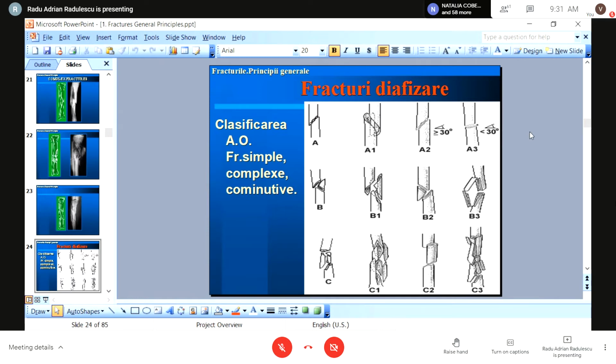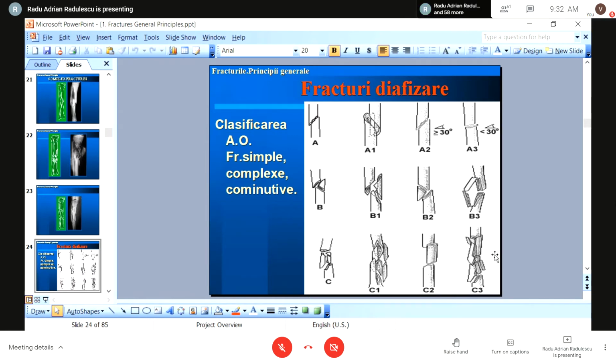For example, here, A1 is spiral, A2 is oblique, A3 is transverse. Well, also in B, we have different types depending on the aspect. In C, the same thing. And all these nominations are quite peculiar for all types of fractures we can have in our body.